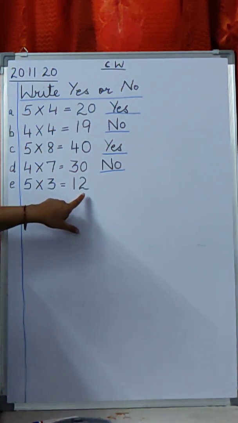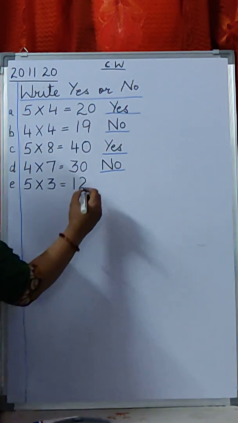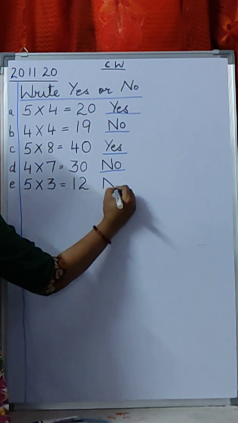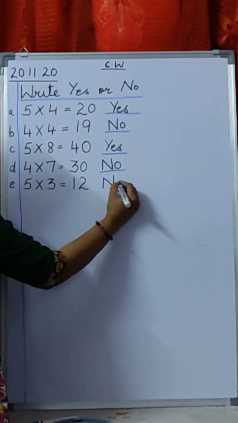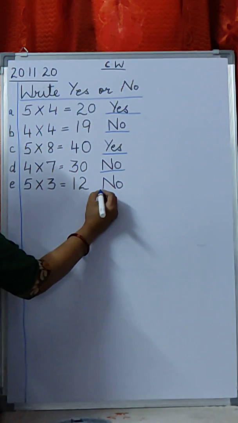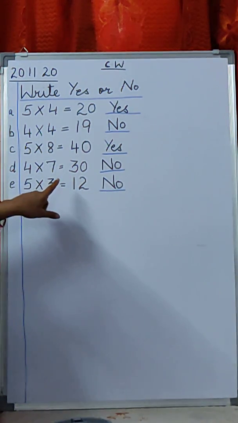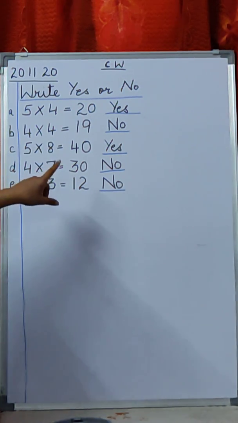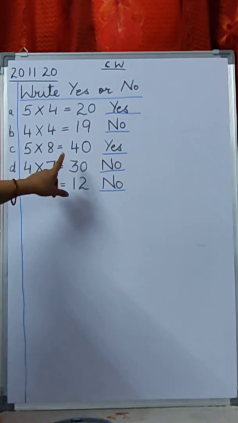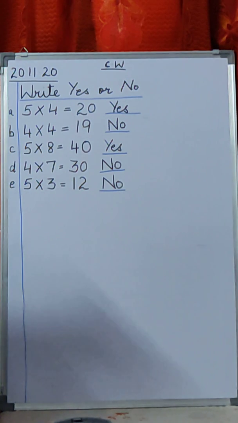So when the answer is wrong, what will you write over here? No. Alright. So whenever the answer is wrong, we write no. And when the answer is correct, we write yes. Okay.